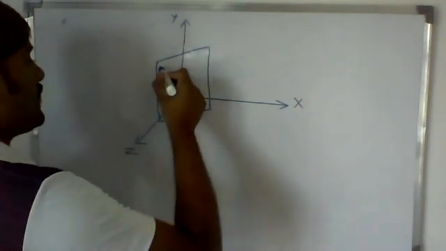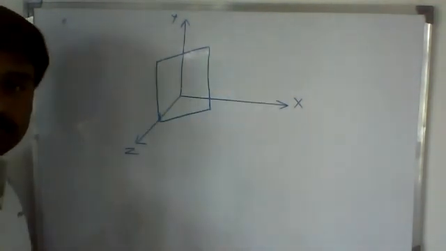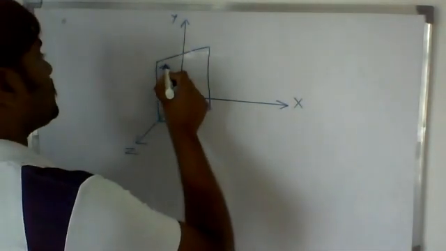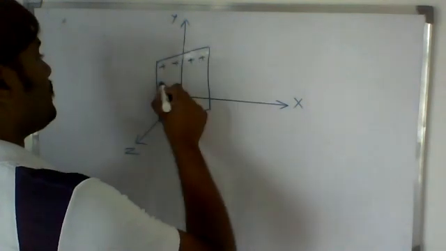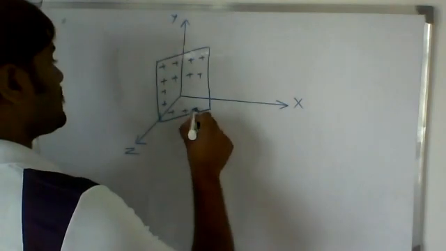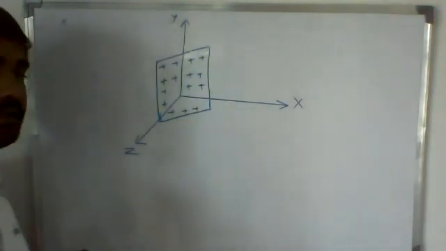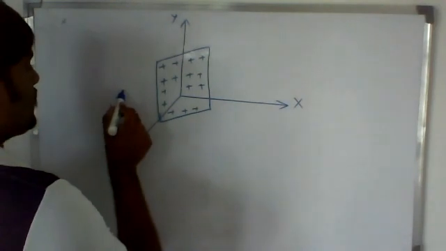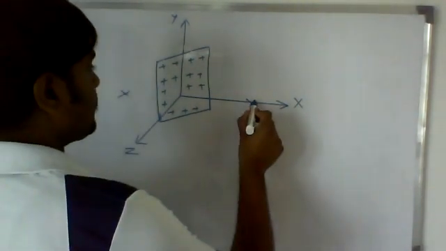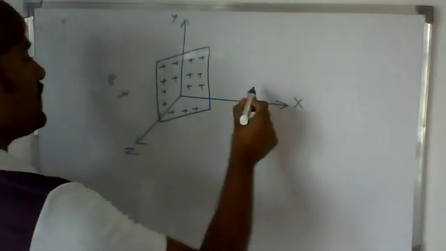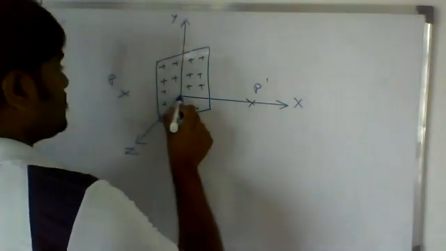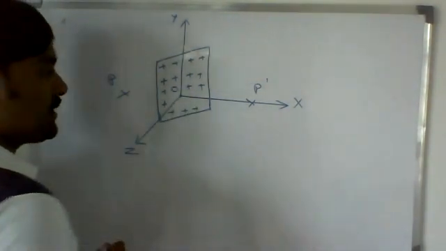Now the electrons are removed from the plane sheet. What happens? The sheet gets positively charged. Now we can choose two observation points. One is P and another one is P dash. Both are equidistant from the plane sheet.